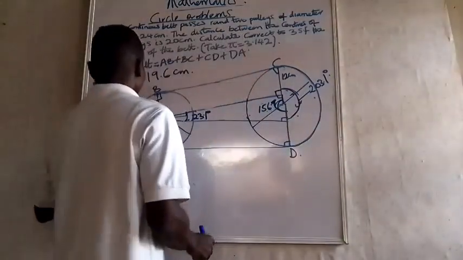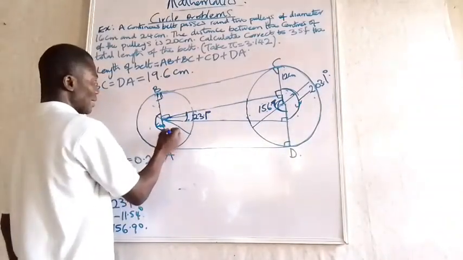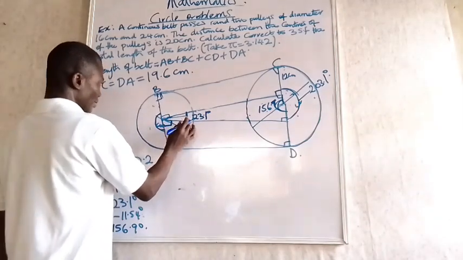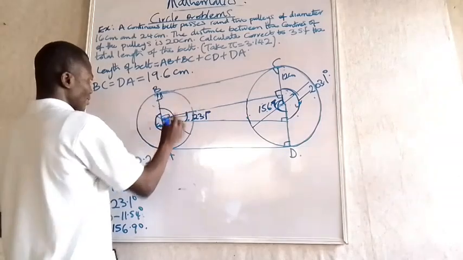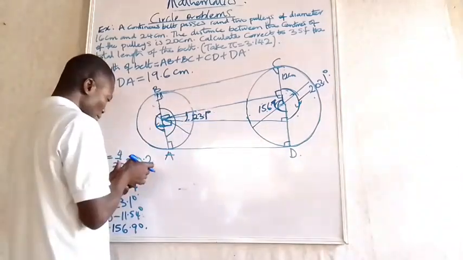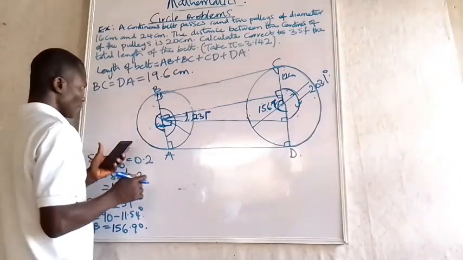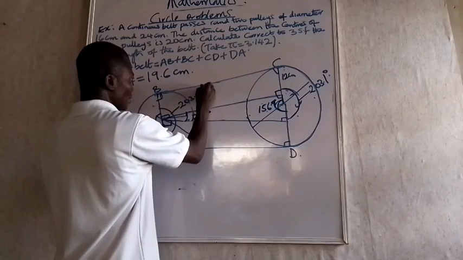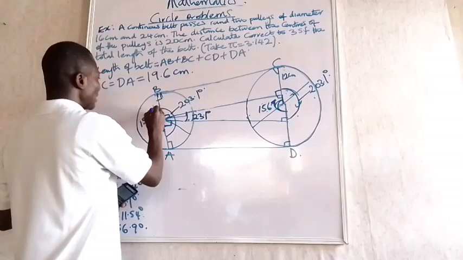For this side, you know this place is 90 degrees from the parallel I drew, so this side is going to give me 156.9 degrees.